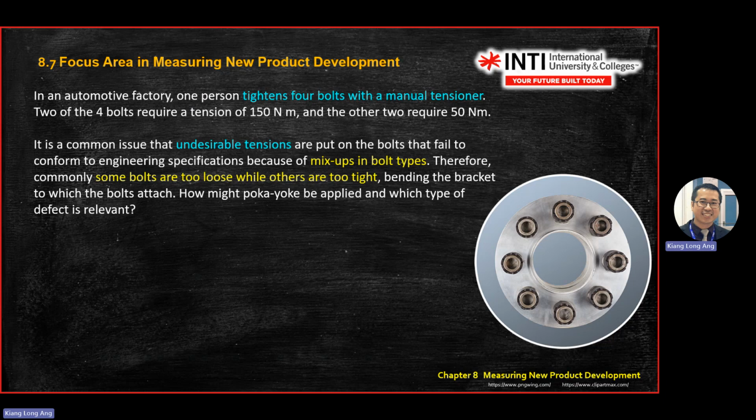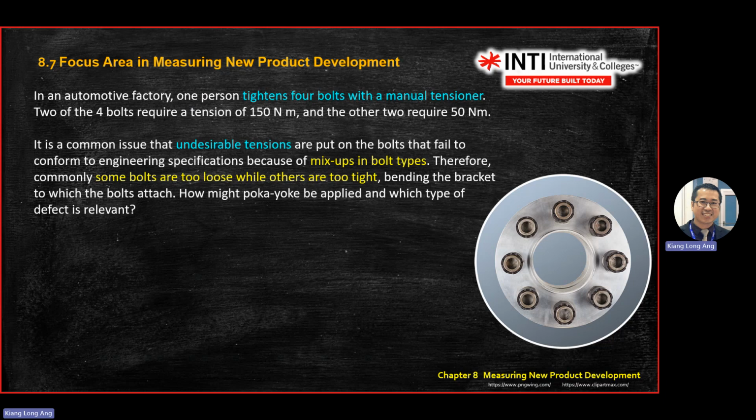It's a common issue that undesired tension is put on the bolt that fails to conform to the engineering specification, because if you screw too tight, you also pre-stress the structure. So you're actually making the product fail faster, with a shorter lifespan. So failures happen because of the mix up of the bolt type, because they need different torque.